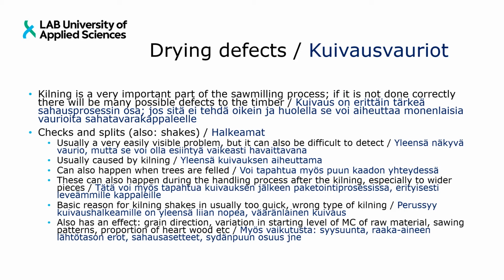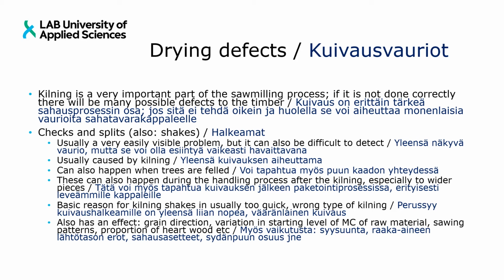There are also reasons which have an effect on the kilning result. The grain direction of the timber, variation in the starting level of the moisture content in the raw material in summertime or springtime. Some logs may have been waiting in stock for a few weeks, and then you get fresh logs.